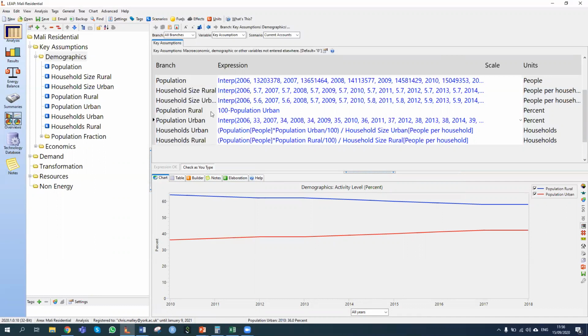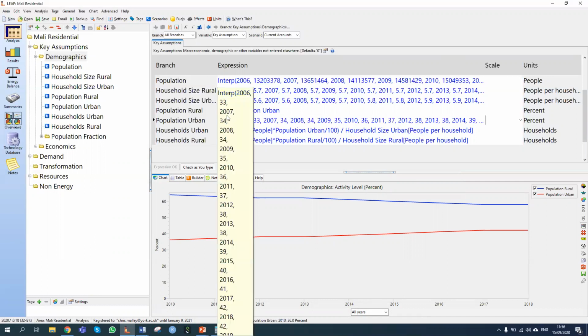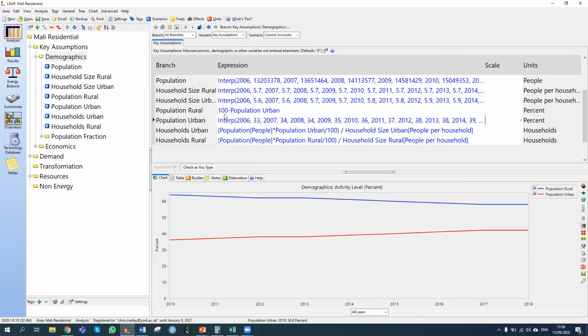We can enter an equation here that the percentage of the population in rural areas is 100 minus the urban population. So these two values will always add up to 100%, which is really useful. It makes sure we don't introduce any errors when we change these values perhaps in the future. So now we have our rural population decreasing and our urban population increasing in the same proportion.